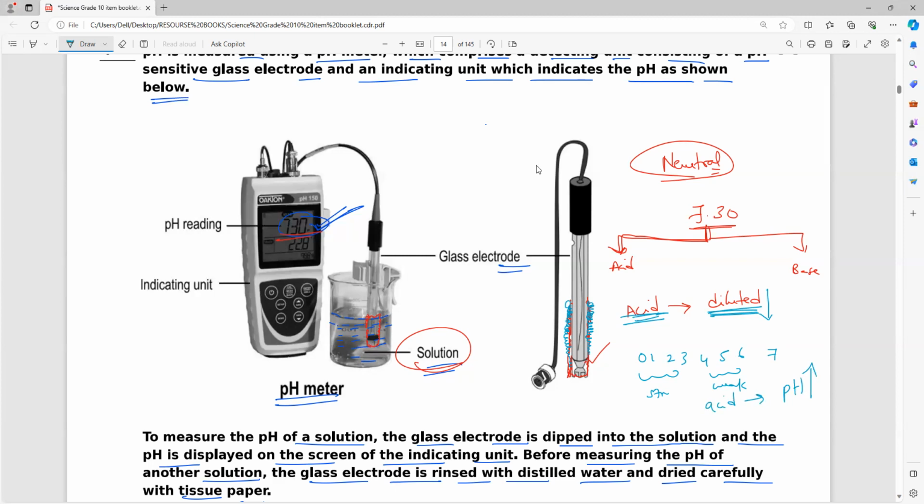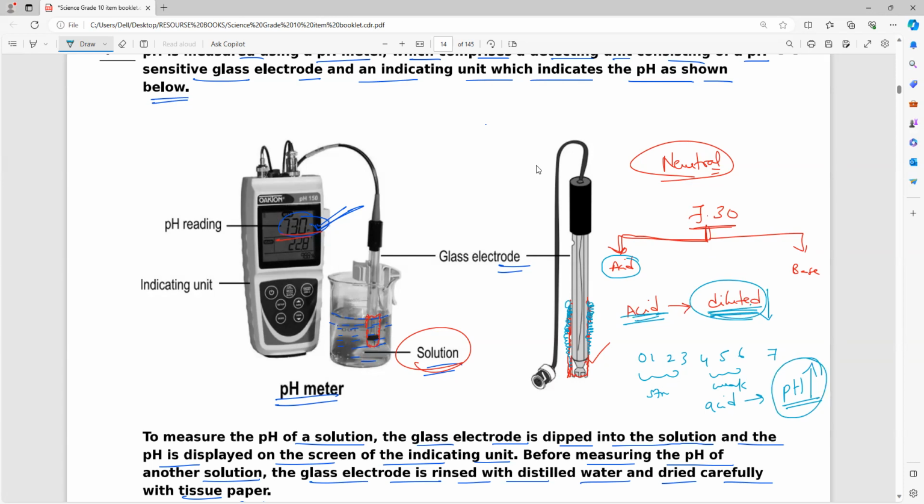So what will happen? Is the concentration decreasing or increasing? Anybody? Decreases. Yes. So the pH meter will indicate a little more pH value than the actual pH of the solution if it is directly dipped in the acid, because the acid is going to be diluted. If acid is diluted, pH value increases.